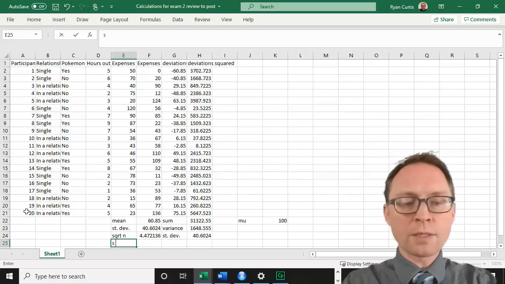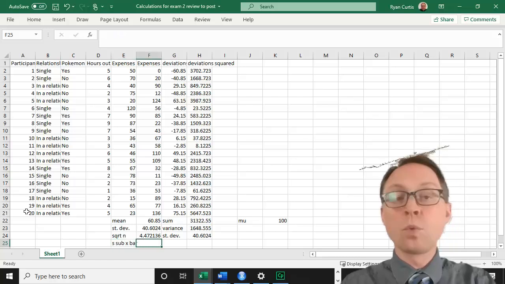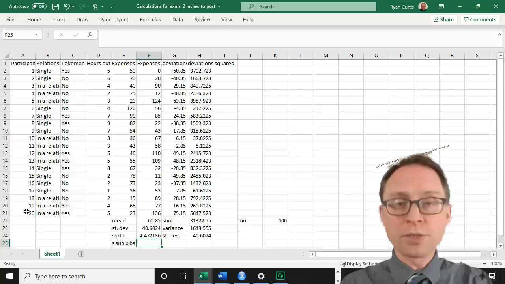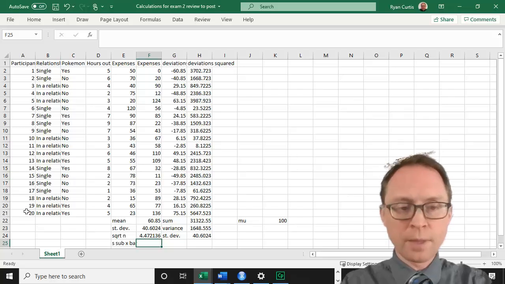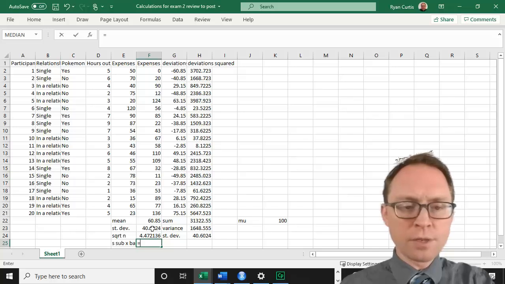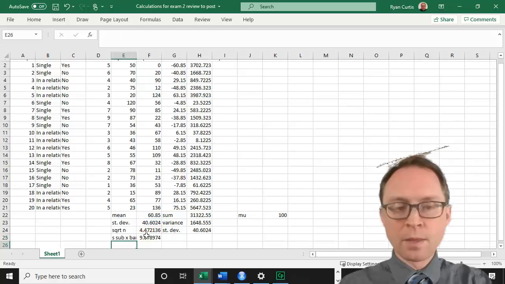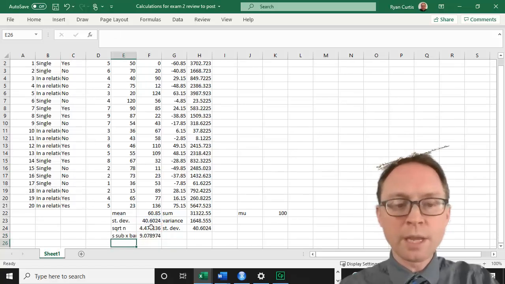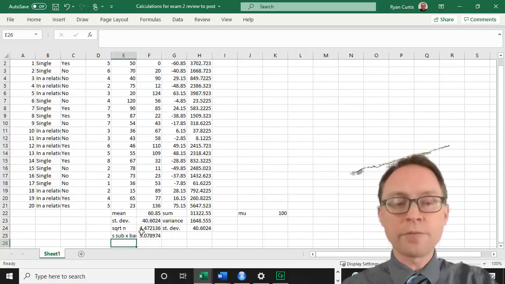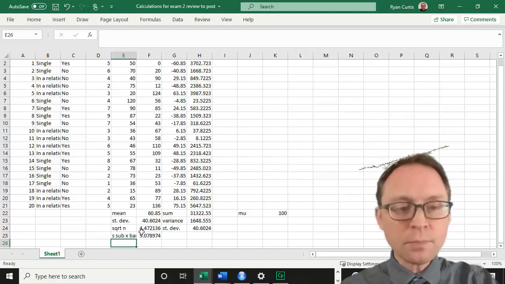So S sub x bar, which is the standard deviation of the means, right, is going to be the standard deviation divided by the square root of n. So most times when people are making a mistake, they forget to divide the standard deviation by the square root of n.